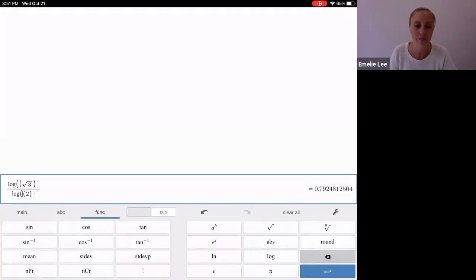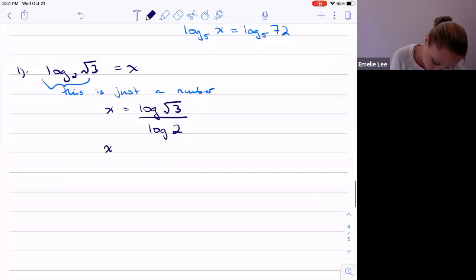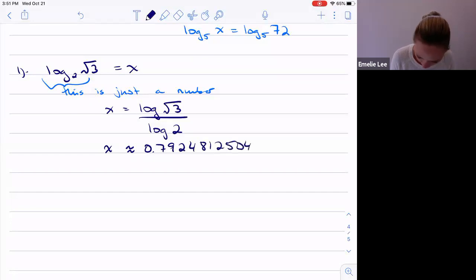Same answer. And so it doesn't matter if you use a common log or the natural log, you'll get the same answer. X is approximately equal to 0.7924812504. But this here is the exact answer, right? This is the approximate answer.